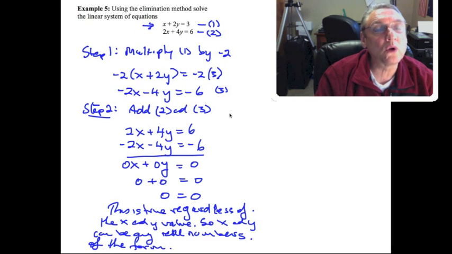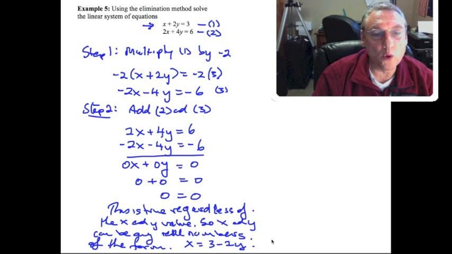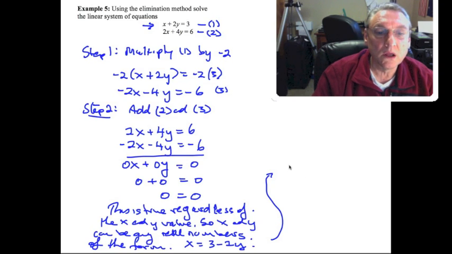Now if we look at this and we come back up to our equations here, notice that we could write x here as 3 minus 2y. So the form that they're going to have, if we come up here, is 3 minus 2y would be the x value for every y value.